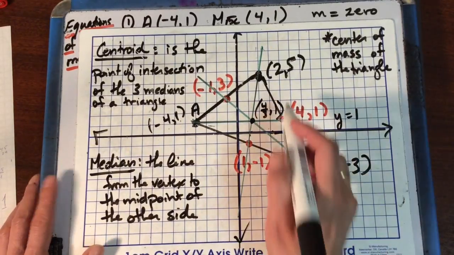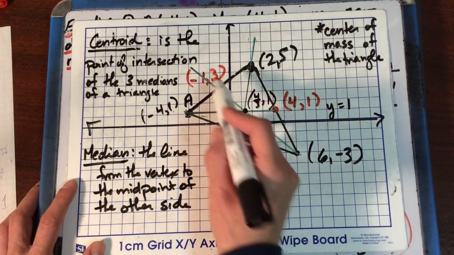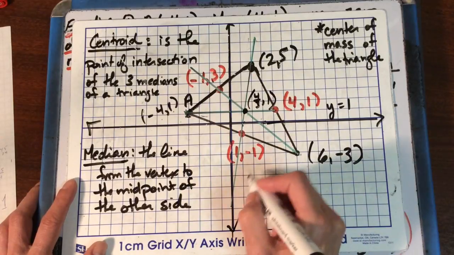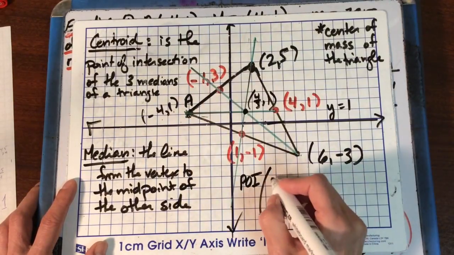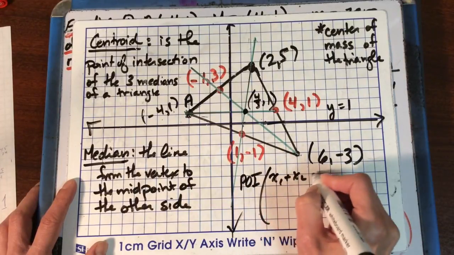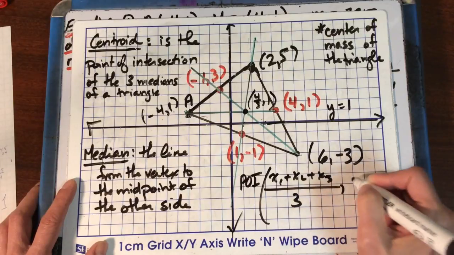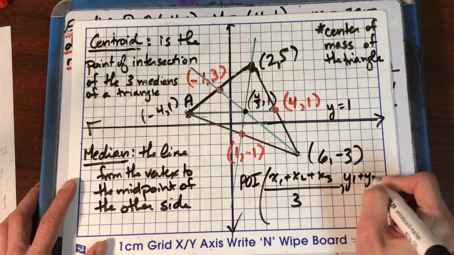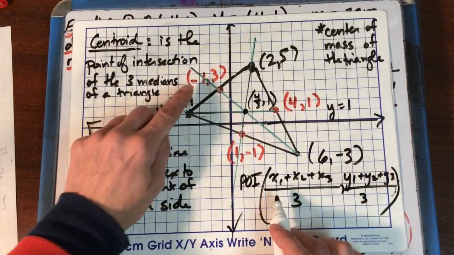Okay? And another way of doing this simply is to take the average of the 3 points. So the POI, we can take x1 plus x2 plus x3 all over 3, and then y1 plus y2 plus y3 all over 3.